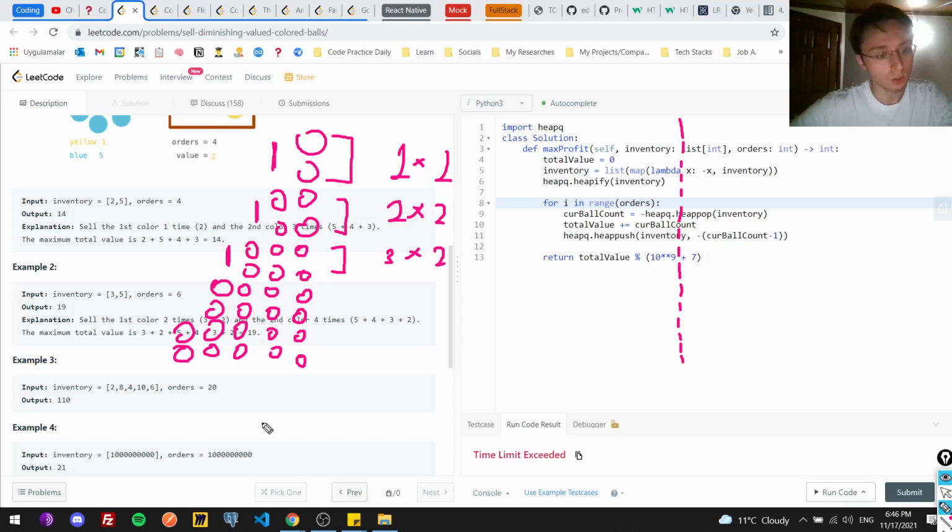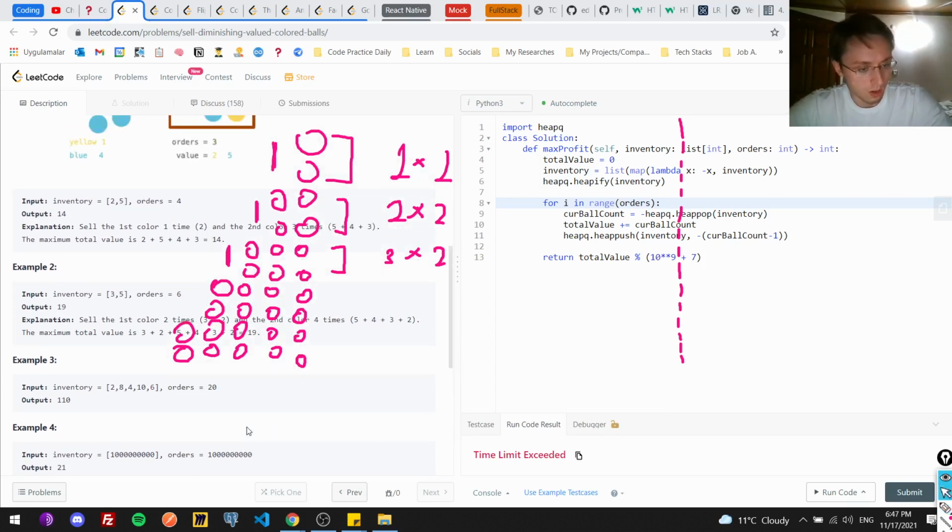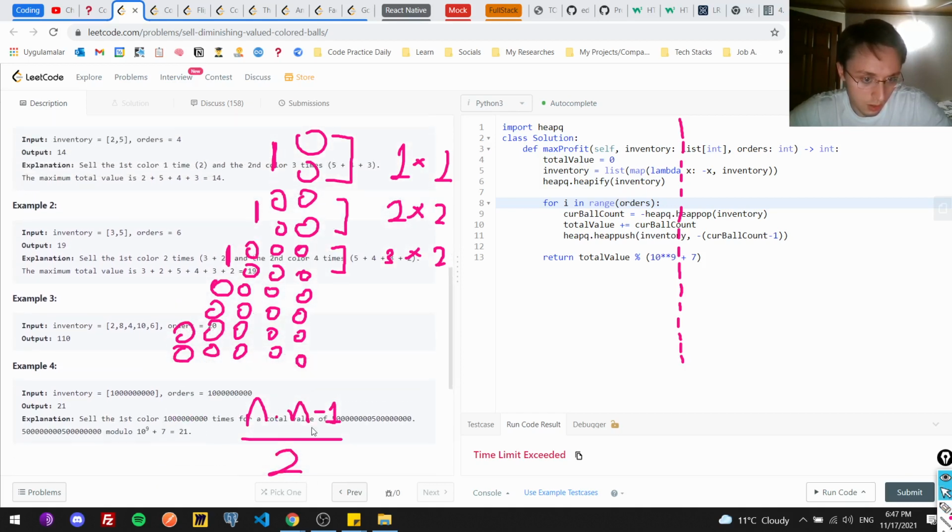If we have to count this 1 billion, how do we do that? We just subtract 1 from that, and then we calculate n times n minus 1 divided by 2, for 1 billion. Well, I'm not sure.